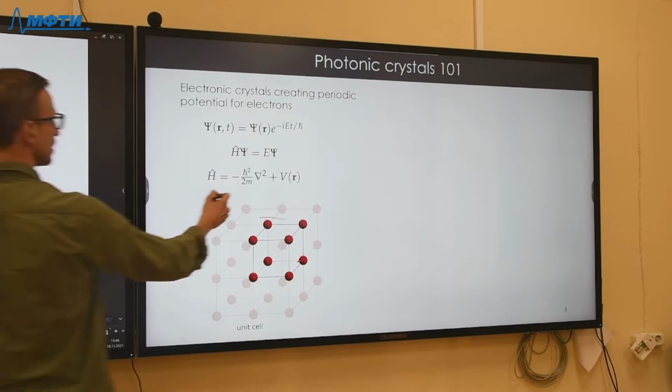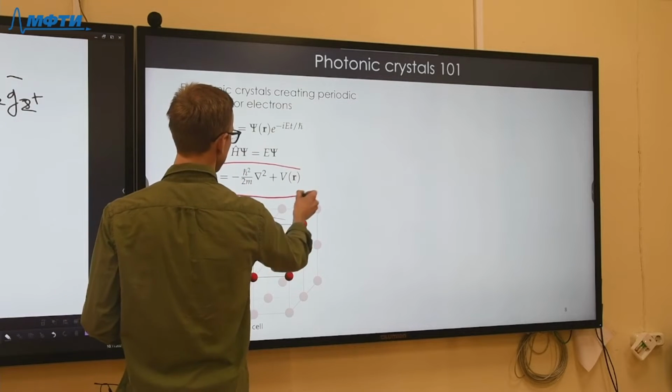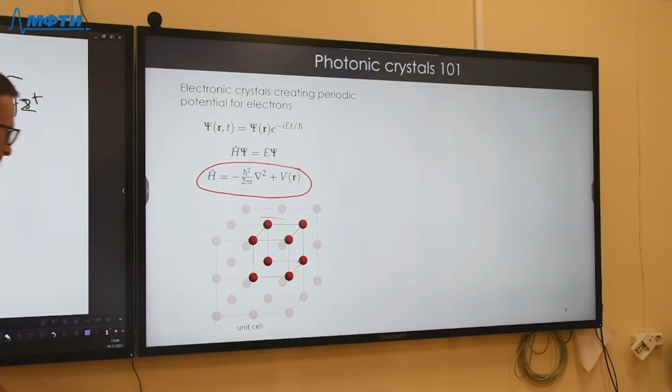Okay, this thing is periodic, and by plugging that potential into the Schrödinger equation and solving it, we find the energy spectrum of electrons, and that gives us all these insulators, conductors, and so on and so forth, depending on their Fermi energy. This is a typical mathematical description of a crystal in solid state physics.